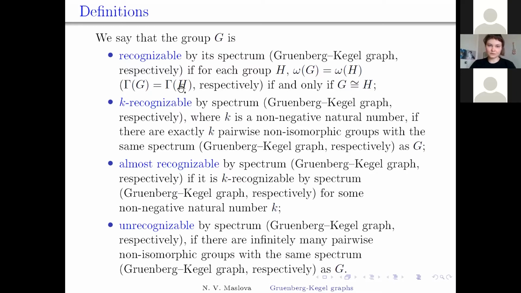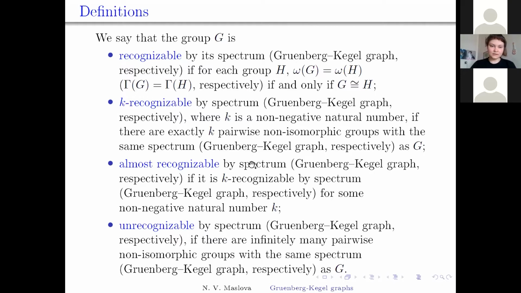If their graphs coincide, respectively, then these groups are forced to be isomorphic. Let us say that a group is K-recognizable by spectrum or respectively by Gruenberg-Kegel graph if there are exactly K pairwise non-isomorphic finite groups with this spectrum or respectively with this Gruenberg-Kegel graph.